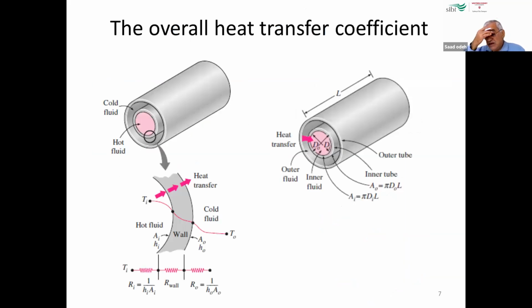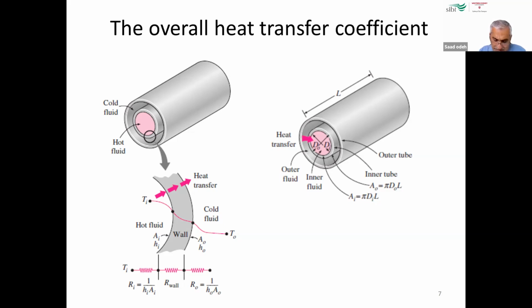Now we come to the method of calculation of the heat transfer inside the heat exchangers. And as we mentioned before, the most popular one is the double tube heat exchanger, which has two tubes inside each other, and the heat will be transferred from the hot fluid to the cold fluid.